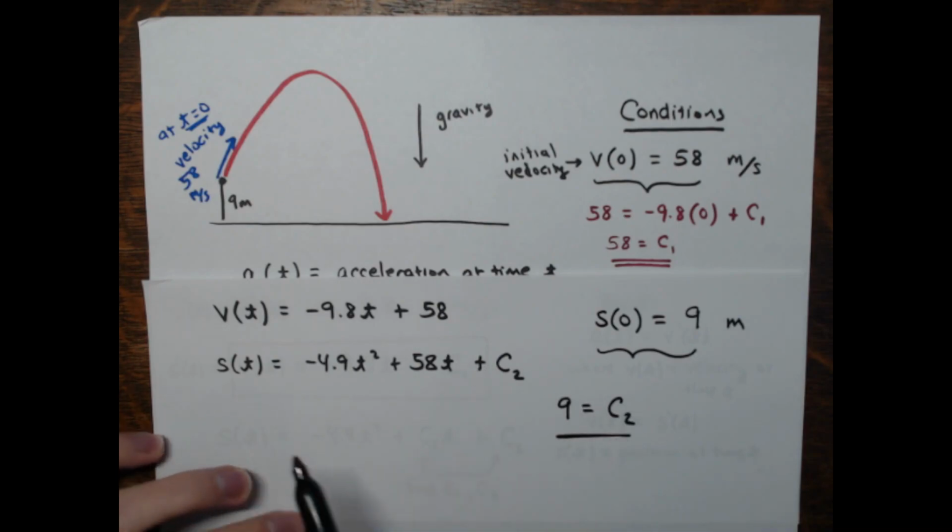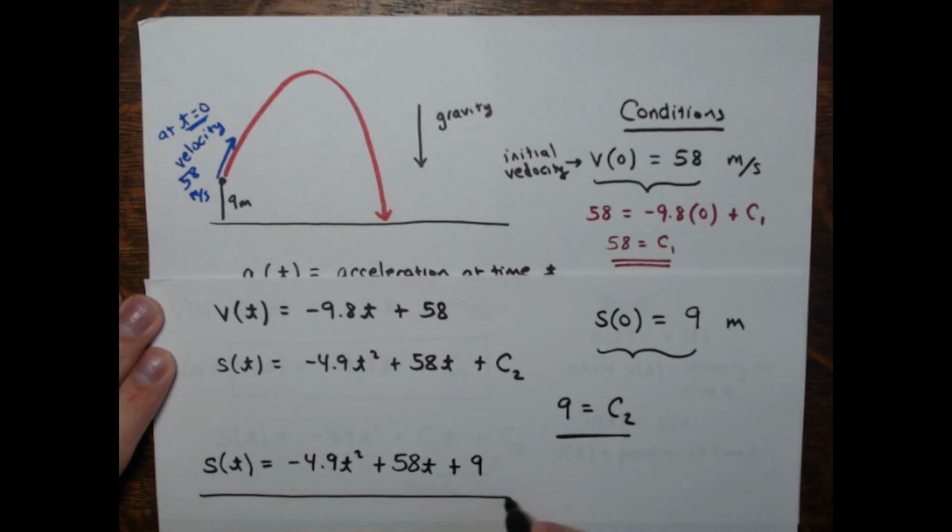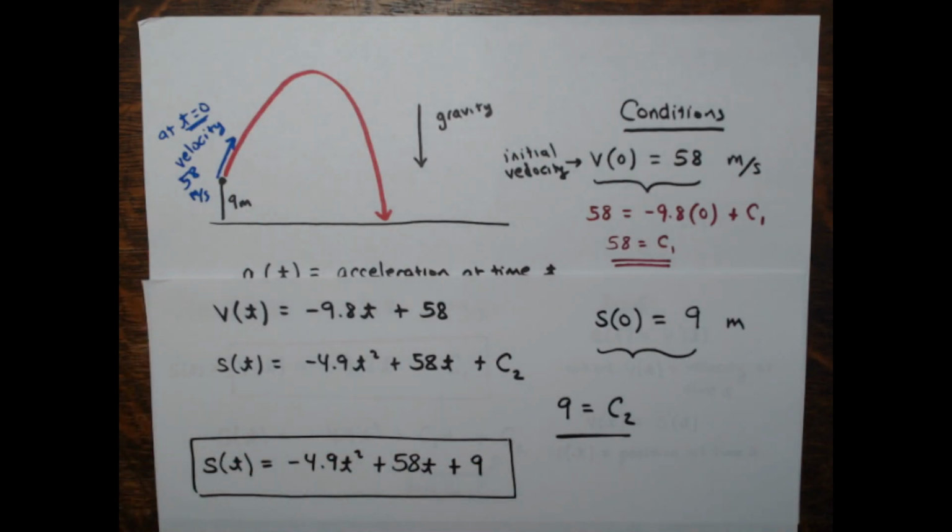So you got c2. So finally, the position of this rocket at any given time will be given by the following equation: negative 4.9 times t squared plus 58t plus 9. And this is what we're going to be entering for our s of t back in the assignment.